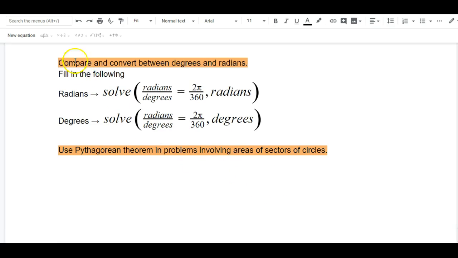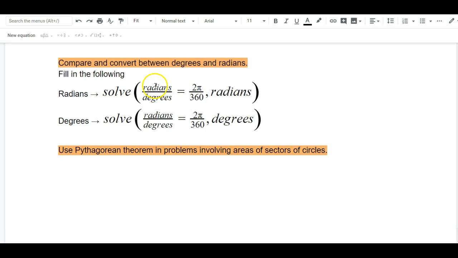All right, so comparing and converting between degrees and radians, you could use a solve command in a calculator. The idea is that the ratio for you to keep in mind is that there are 360 degrees and 2 pi radians. So this is the conversion ratio, right?